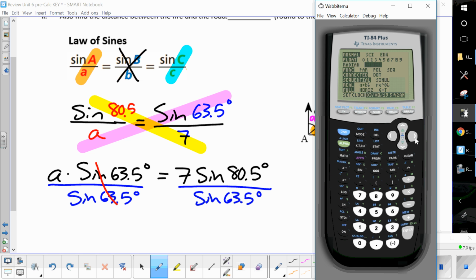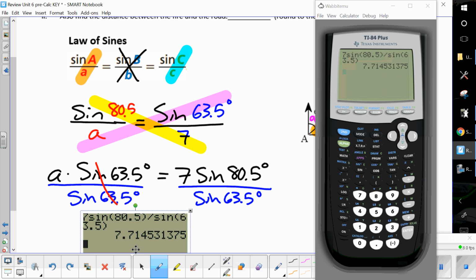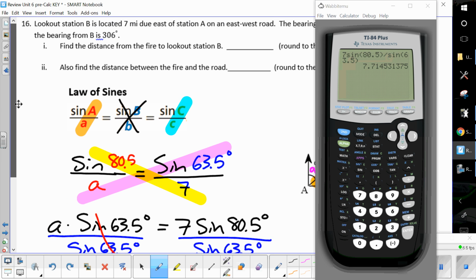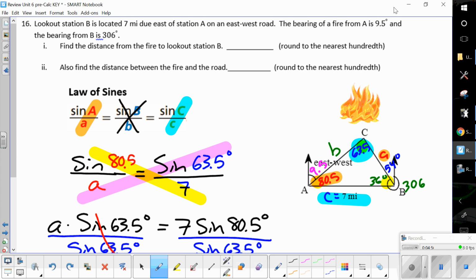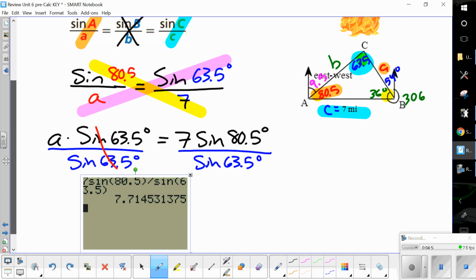Then I'm going to type it in exactly the way it looks: 7 times the sine of 80.5, close my parentheses, divided by the sine of 63.5. And I get this. My instructions say to round to the nearest hundredth, so that's 2 decimal places. So little a is approximately equal to 7.71.